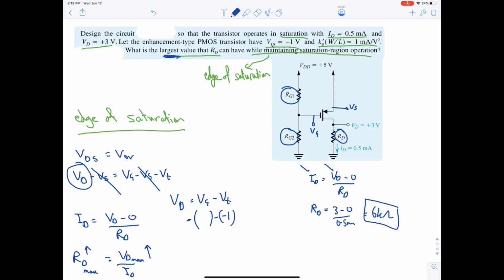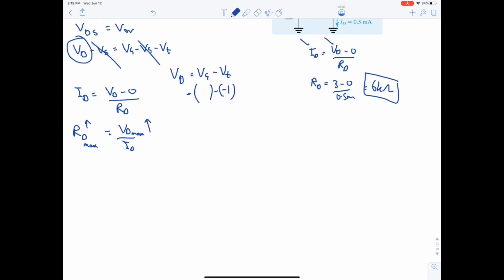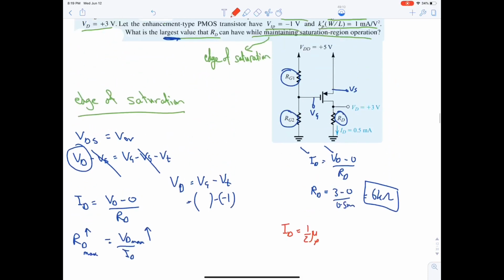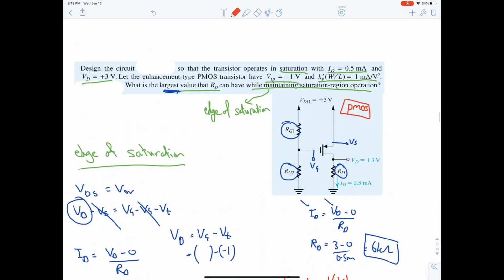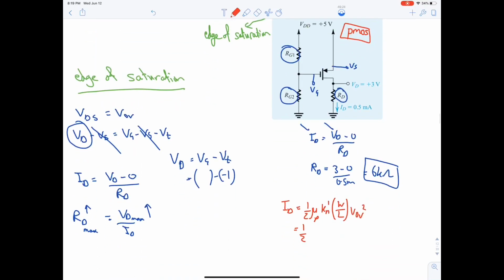How can we find VG? We can get it from the equation of the current. ID is equal to half mu P Kp prime W over L VOV squared, because this is PMOS. Now half Kp prime W over L is 1 milli, and VOV squared is unknown.